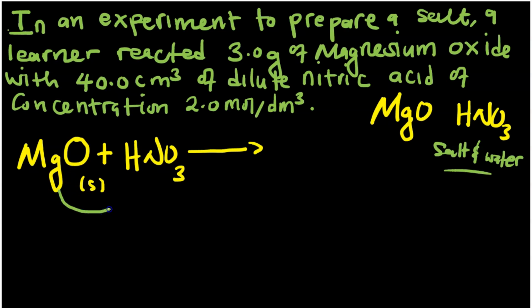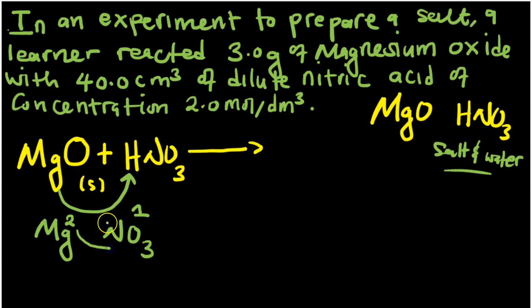The magnesium in a base displaces the hydrogen, and therefore magnesium now reacts with nitrate. When hydrogen is displaced, magnesium reacts with the nitrate. Okay? So now magnesium has 2 valence and nitrate has a valence of 1.